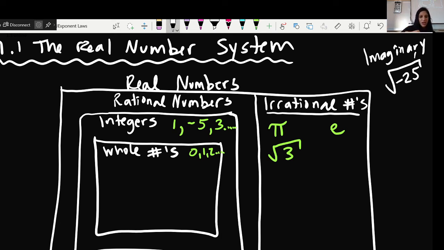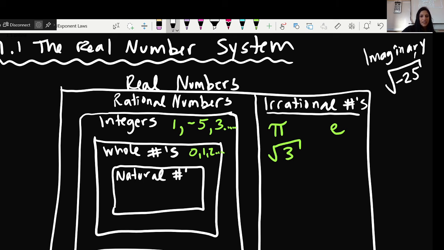Yeah, so then the next one in, as we go in, I'm going to draw another box here, is natural numbers. And what helps me to remember this is I think of how we naturally count. If I wanted to naturally count the number of people in this room, would I ever start with 0? We start with 1. So 1, 2, 3, and on and on. So that's what natural numbers represent. So I drop off the 0 and I start with 1, 2, 3, and we keep going.